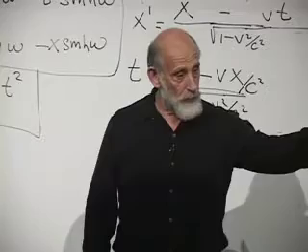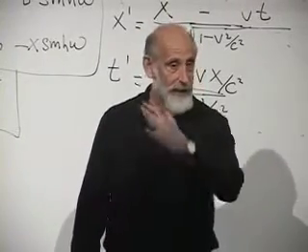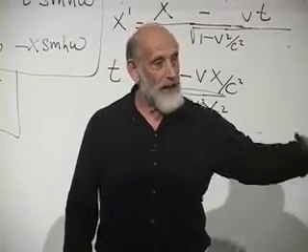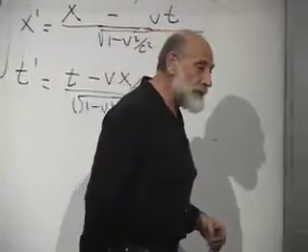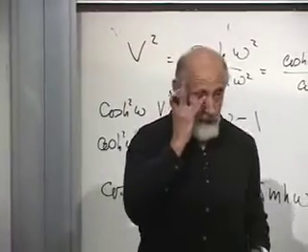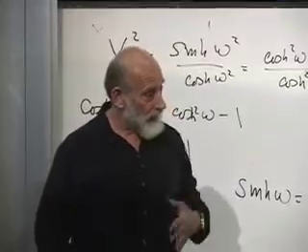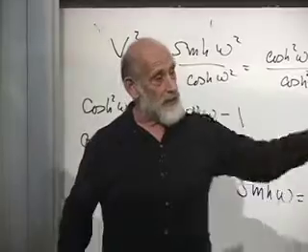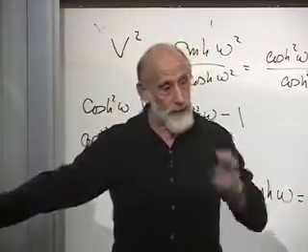If frame 2 is moving relative to frame 1 with velocity v, and frame 3 is moving relative to 2 with velocity v prime, how is 3 moving relative to 1? The answer is very simple in terms of hyperbolic angles. You add the hyperbolic angles, not the velocities, but the hyperbolic angles. The hyperbolic angle of 3 moving relative to 1 is the hyperbolic angle of 3 moving relative to 2 plus 2 moving relative to 1.